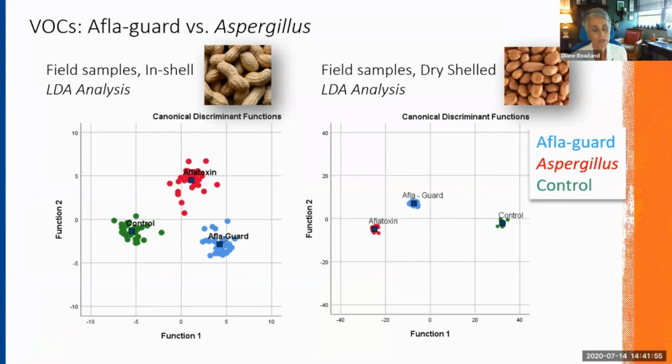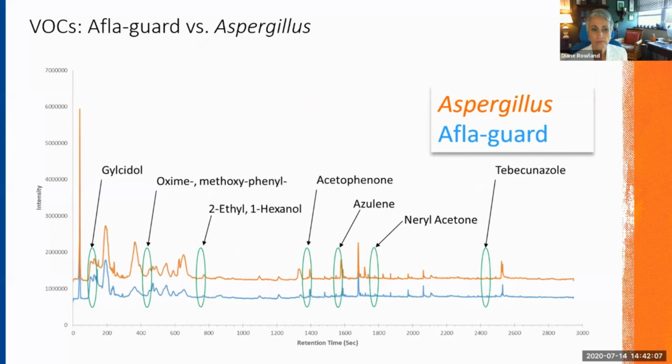So that means the VOCs coming off of the leaves, the VOCs coming off of intact pods, and VOCs coming off of shelled samples are showing different VOC signatures. It's not too surprising that Aspergillus and Aflatoxin would differ, because when you look at the compounds that are within those VOCs that are coming off of those particular samples, we do see many different compounds that differ between those 2.